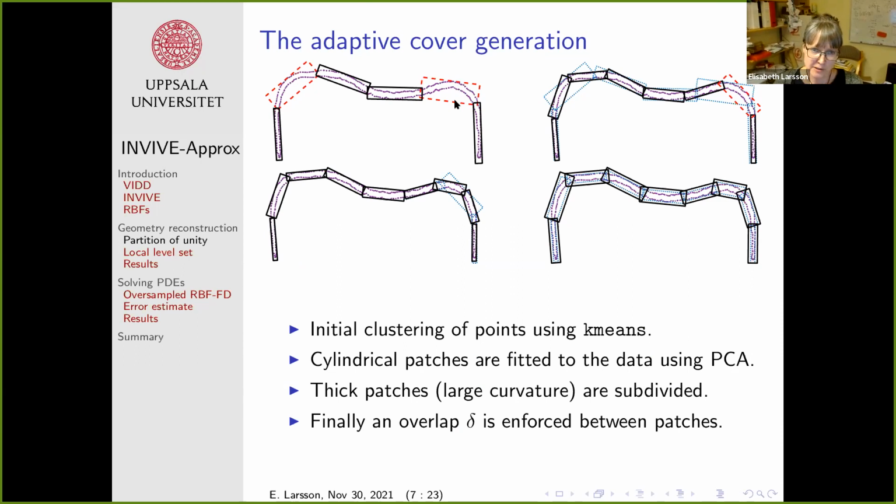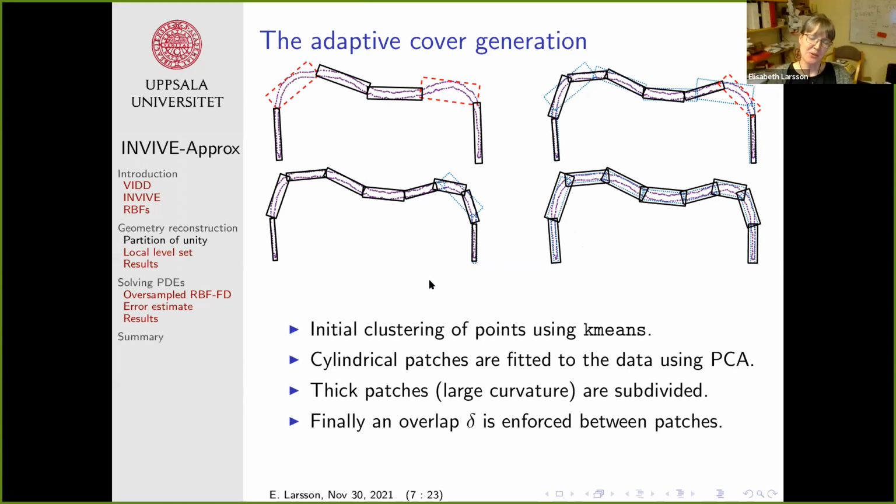So all the patches that are too high, we can say, are subdivided, so they are flagged, and then we subdivide the patches that are the immediate neighbors of the thick patch. And then in the end, we get something that fits well to the geometry, also in the 3D case, not just the 2D. And then we finally add a desired overlap.